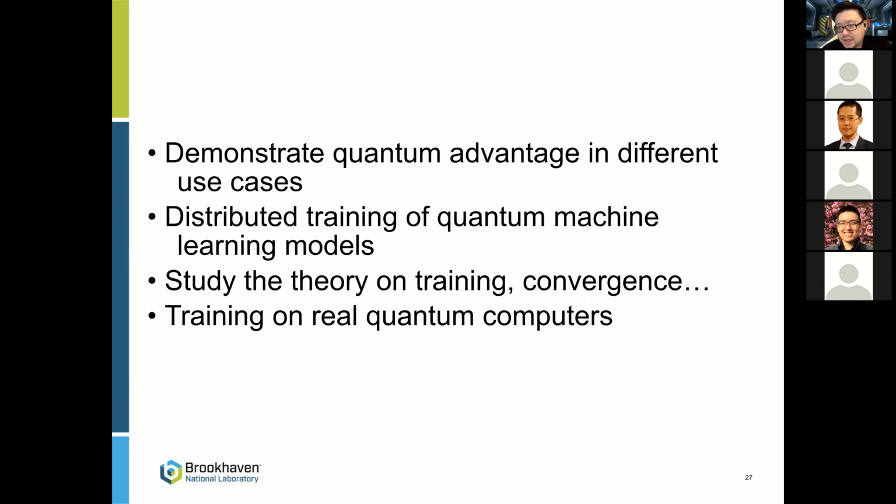And finally, since these are quantum machine learning algorithms, we want to train these models directly on quantum computers instead of quantum simulators. Probably in the near term, when the commercially available cloud-based quantum computing platforms are more mature, we may have more opportunities to study in these directions.